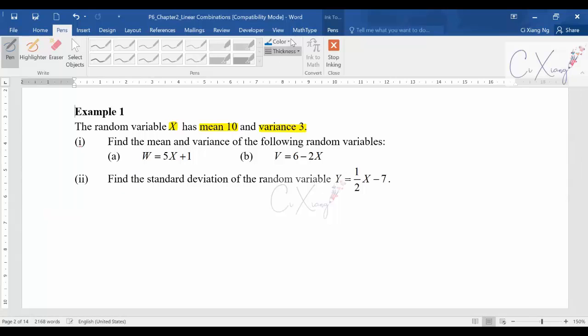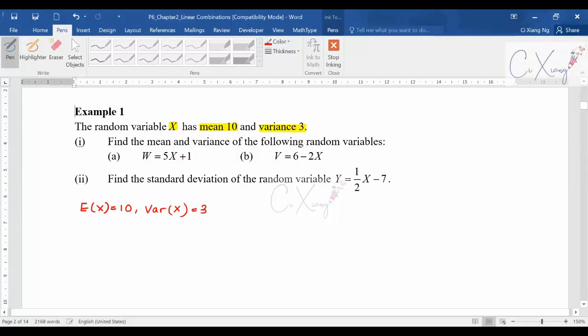So from this sentence, you can write out the information given first. So you can write something like this. The EX is given, which is 10. And then the variance is given, which is 3.